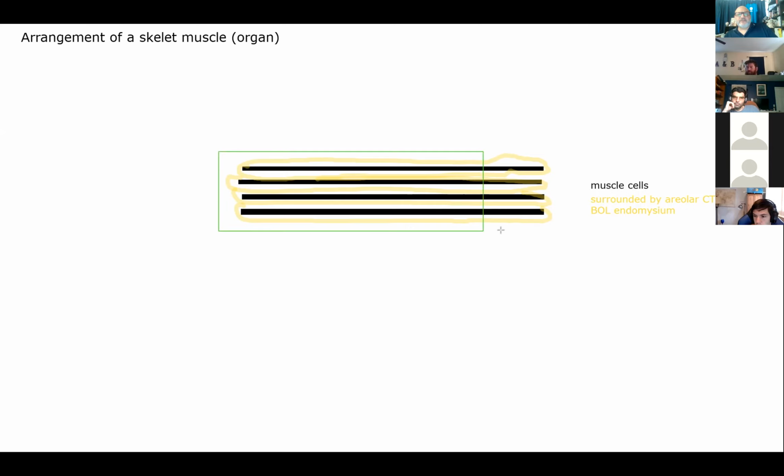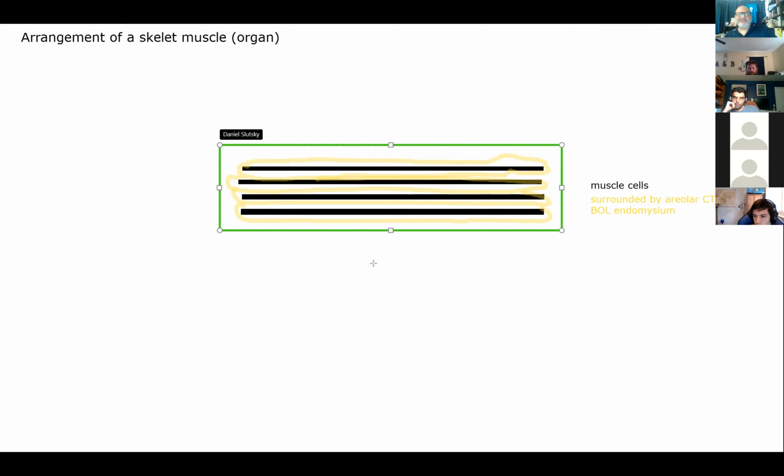Those muscle cells are bundled together into a structure called a fascicle. And this is done by a dense irregular connective tissue that, based on location, we call a perimysium.